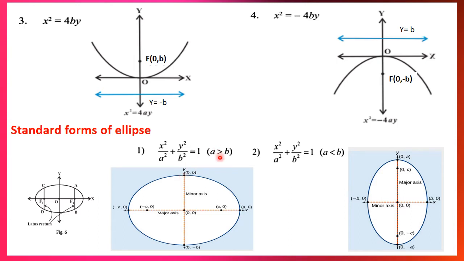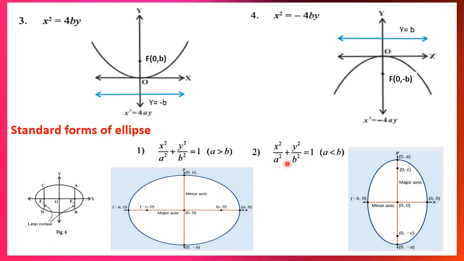That is, here in the first case a is greater than b, that is the distance along x-axis is more than the distance along y-axis. Now as the distance along x-axis is more, we call this x-axis the major axis and y-axis the minor axis. And the foci, that is the points (c, 0) and (minus c, 0), are the foci on both sides of the origin.